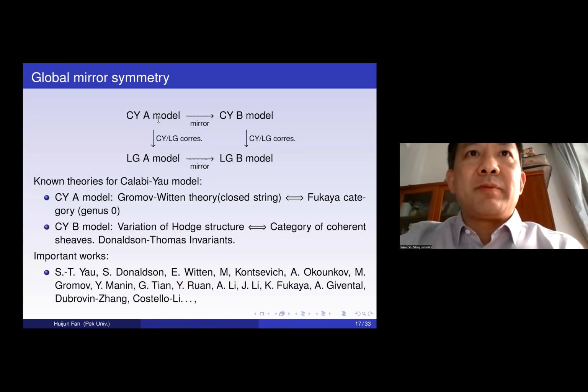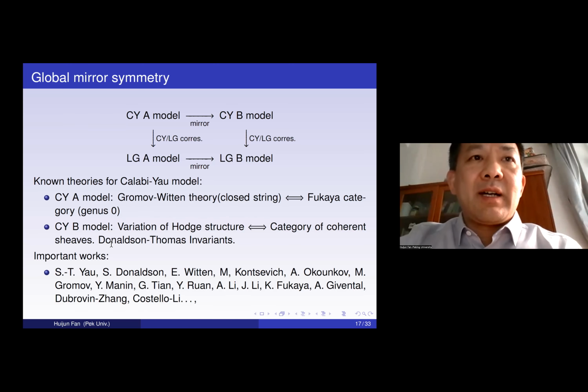From up to downward, you have the so-called CY-LG correspondence conjecture. Some known theories for the Calabi-Yau A model, as I mentioned just now: we have the so-called Gromov-Witten theory, which is for the closed string. And we also have the Fukaya category. Of course, this is the open version, but only for genus 0.